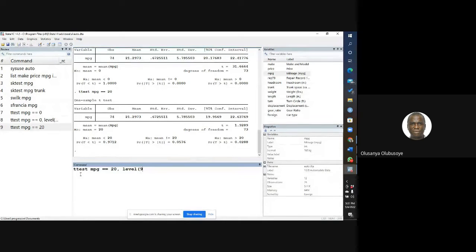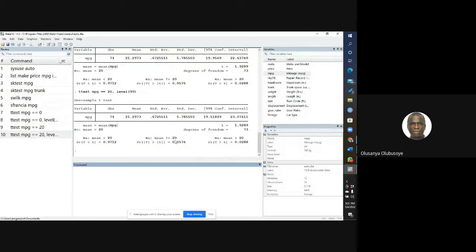If you want to change the level to 90 or to 99, maybe to make the test a little stronger, even at that, if the null hypothesis says the population mean is equal to 20, then for this, we are going to accept that null hypothesis.